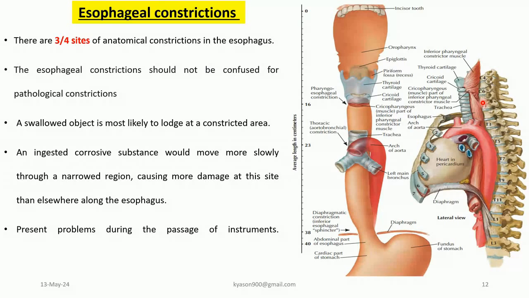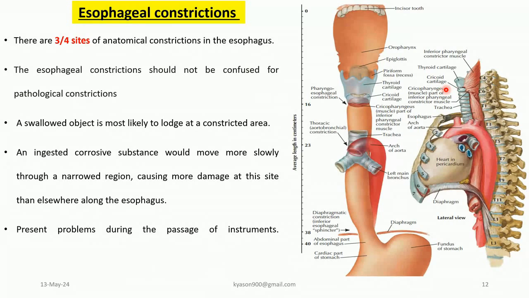So, among the esophageal constrictions, you can see that at its commencement, we said it's going to begin from the level of the cricoid cartilage, and just at its commencement, there is a muscle that we call the cricopharyngeus muscle.